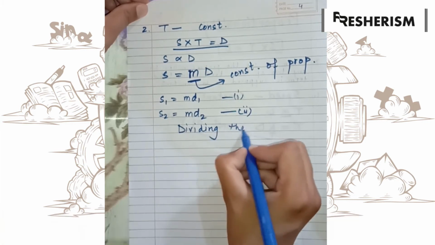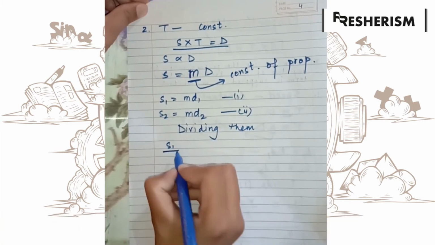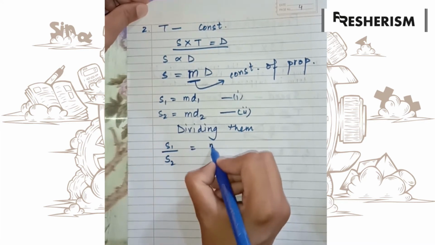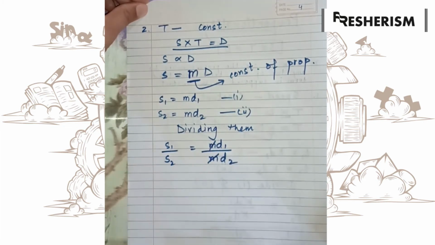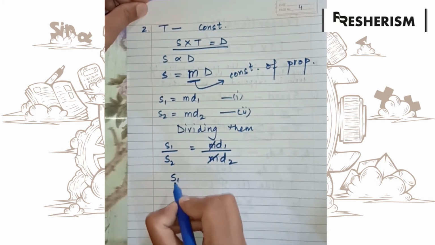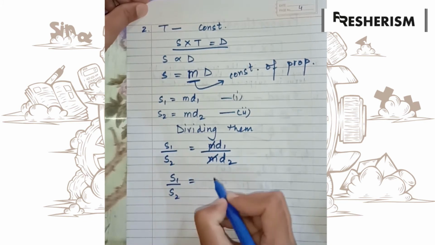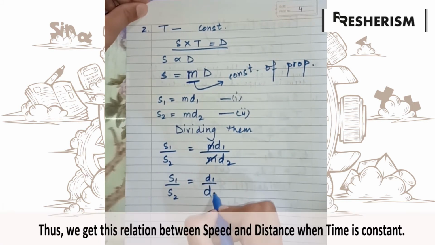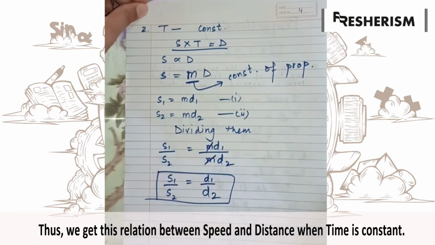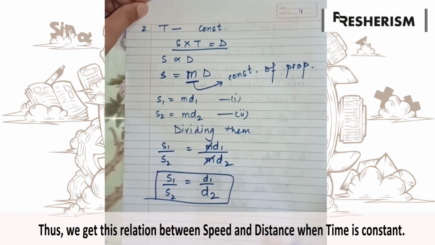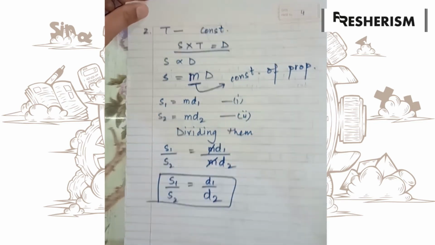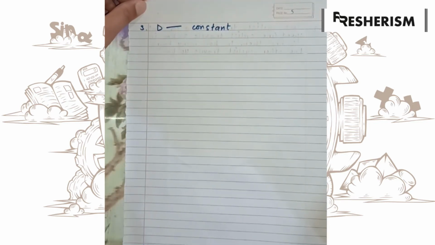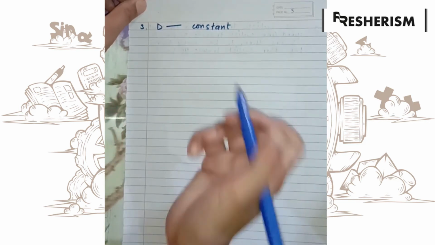Dividing them, we get S1 divided by S2 equal to M D1 divided by M D2. The constant gets cancelled and we get S1 upon S2 is equal to D1 upon D2. This is the relation between the speed and distance of the same object or of any two objects when time is constant.